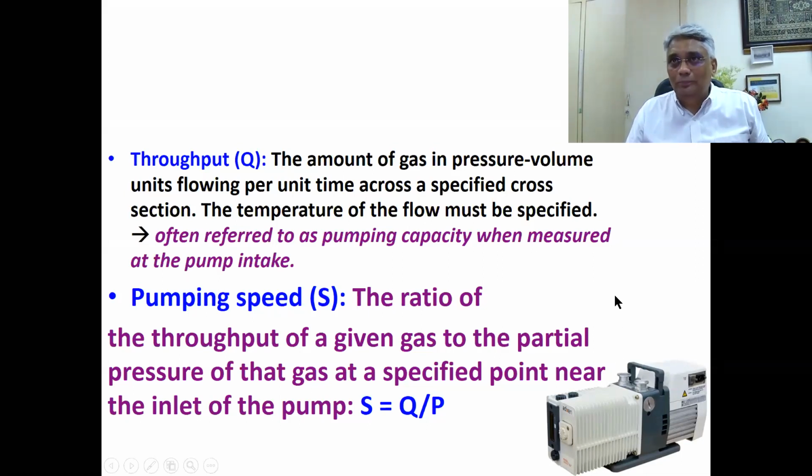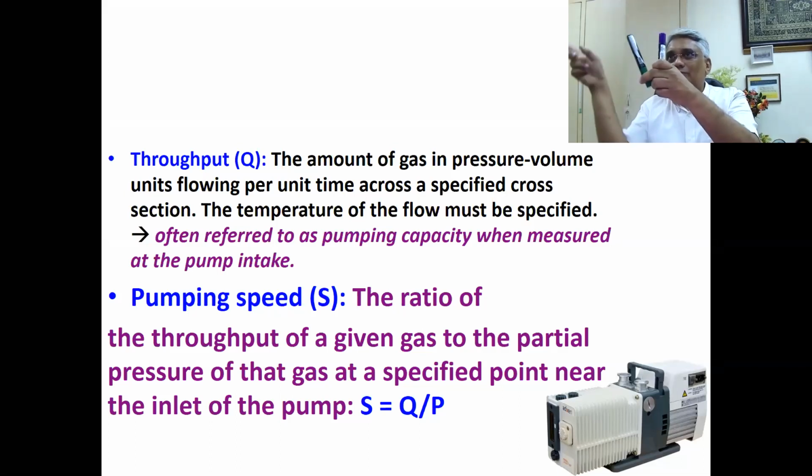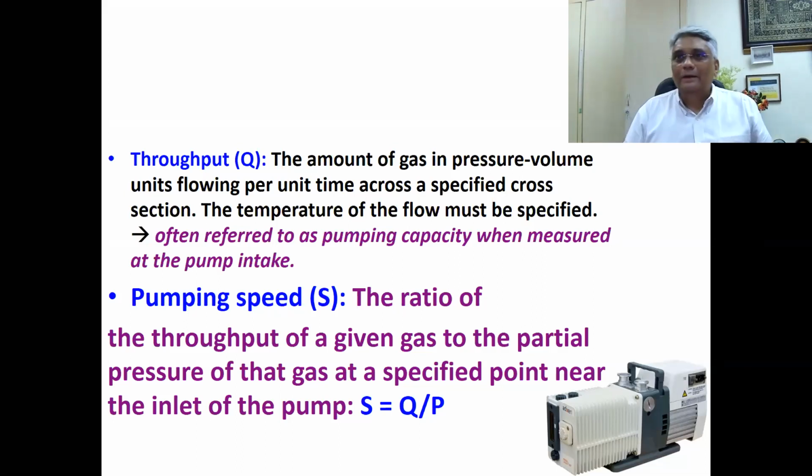One is connected to the pump, to the chamber, so it starts sucking air out. It goes into the pump, and the other one is the exhaust. It exhausts out. Okay.